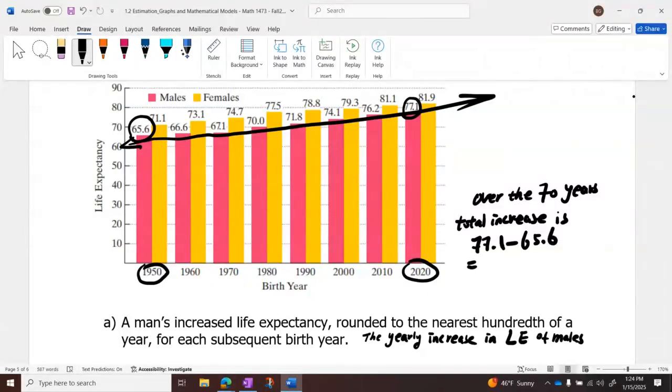It is consistently going up. In 1950, the life expectancy is 65.6. By the year 2020, it has increased to 77.1. So over the 70 years, the increased amount is 77.1 minus 65.6. It is 11.5.